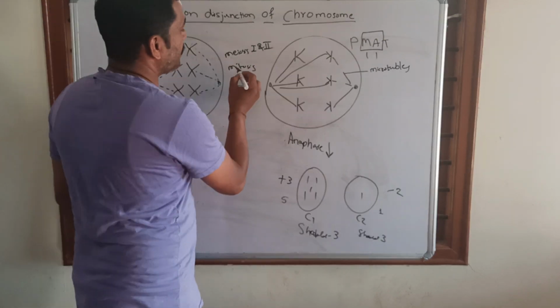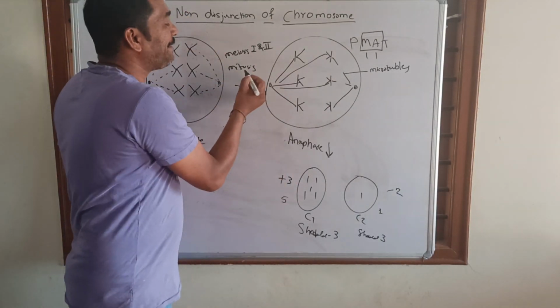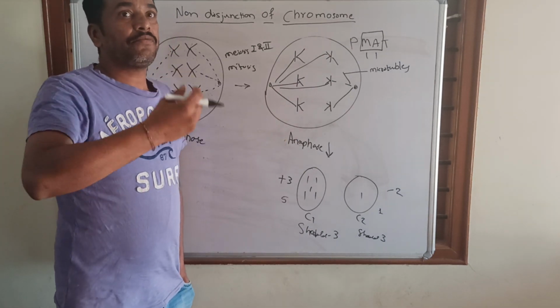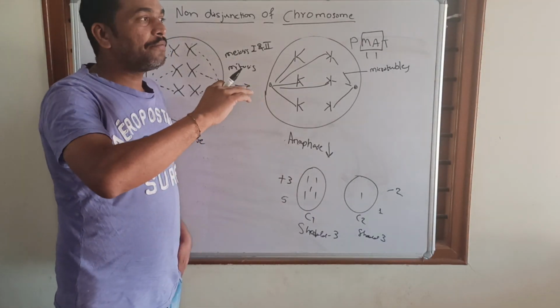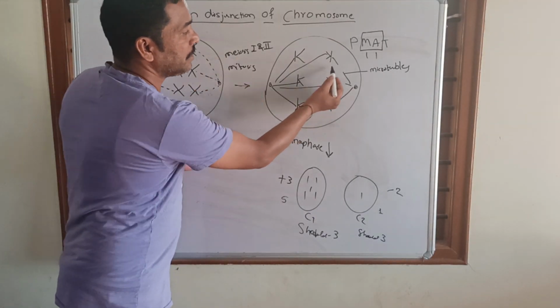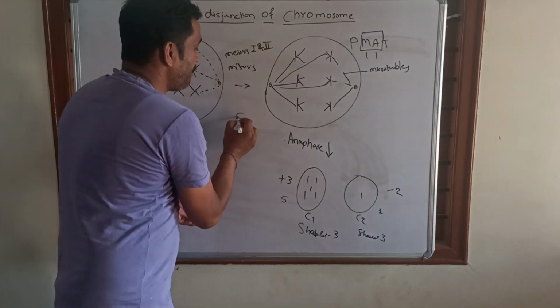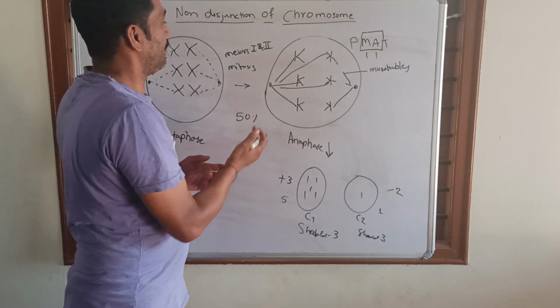The changes in mitosis will not be reflected in the whole body. At the beginning stage, in the early form of life, at the first cell division, mitosis is there. If such a change occurs and this type of problem arises, then around 50% of the chromosomes become problematic.